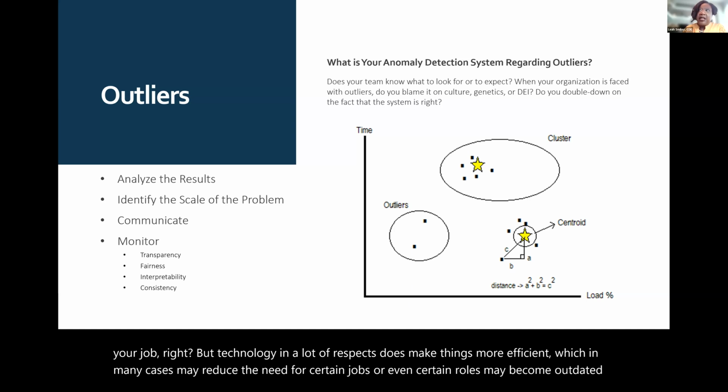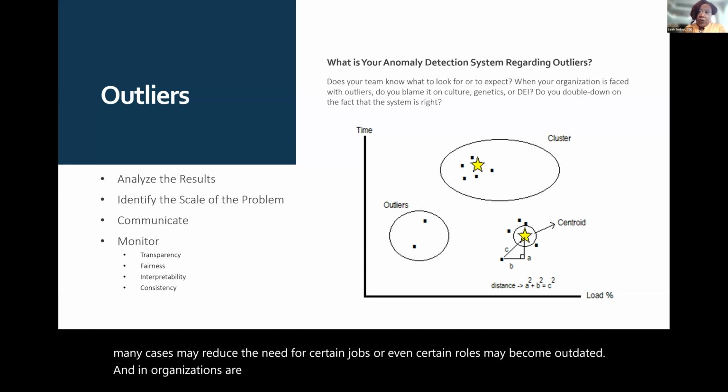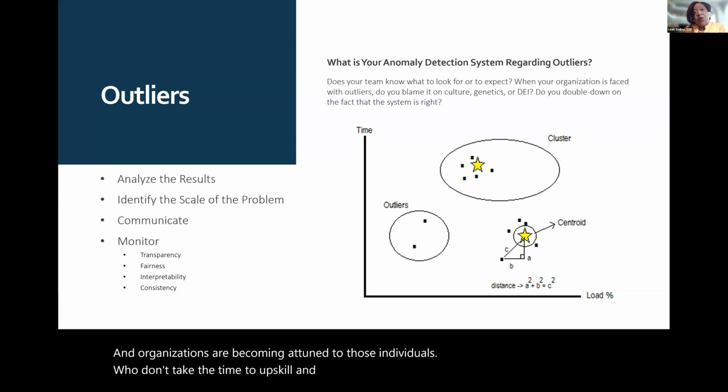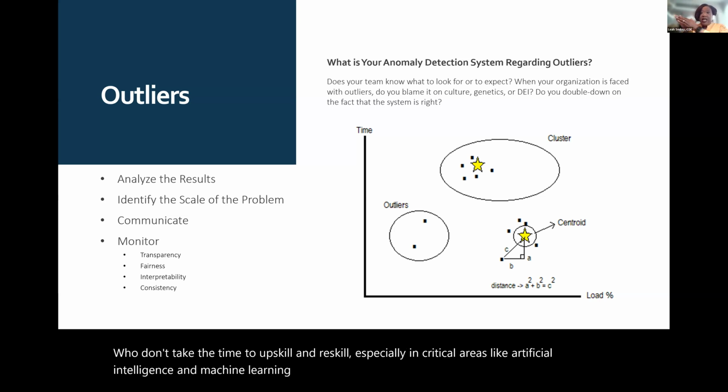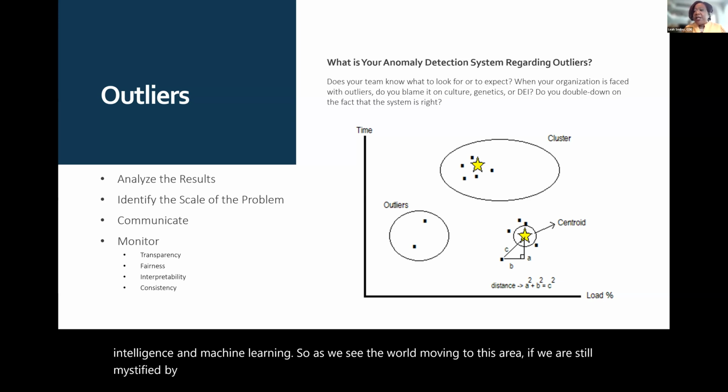And organizations are becoming attuned to those individuals who don't take the time to upskill and reskill, especially in critical areas like artificial intelligence and machine learning. So, as we see the world moving to this area, if we are still mystified by technology, we're in the place where we're not as valuable as those who have this information and know what to do with it.